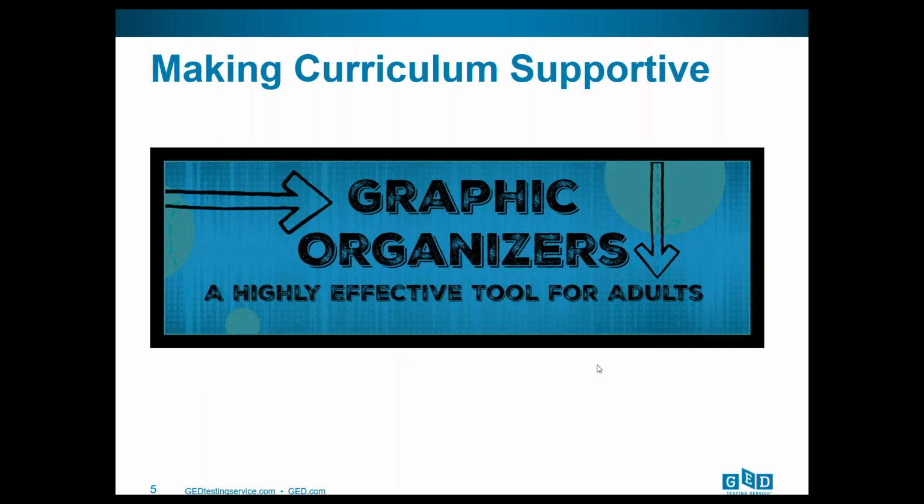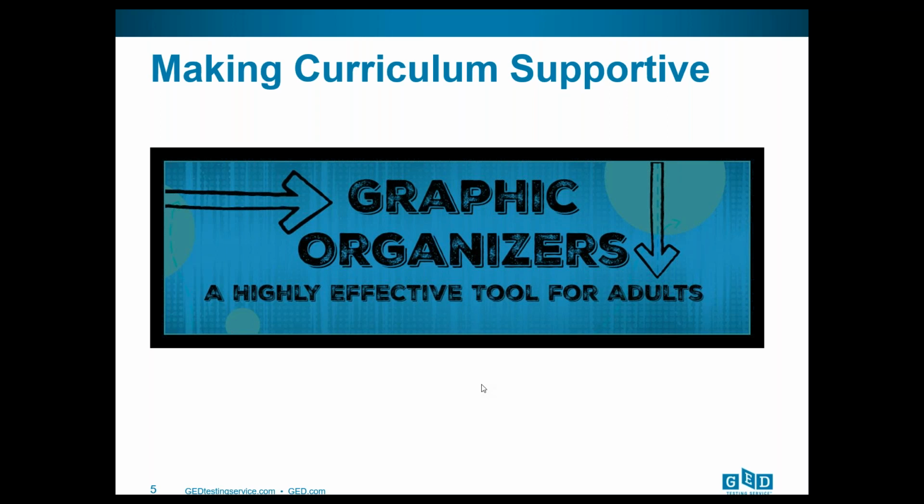All right. What about graphic organizers and their relationship to the curriculum? Well, we're going to talk about how this can be such an effective tool to use in the classroom. And I know that people have different opinions about graphic organizers, but what the research is telling us is that the graphic organizer can be highly effective, especially for our adults as we're working in our program.